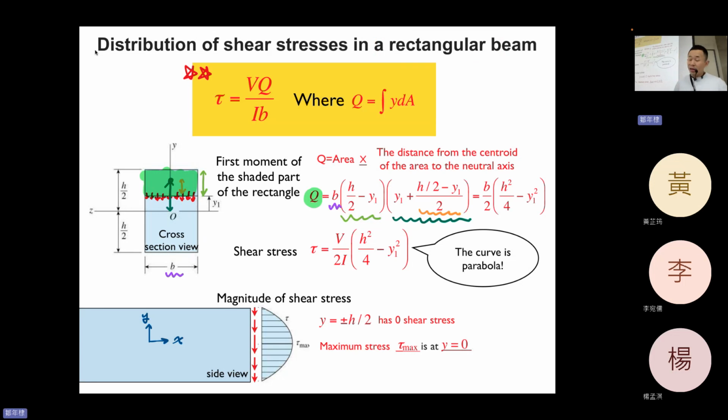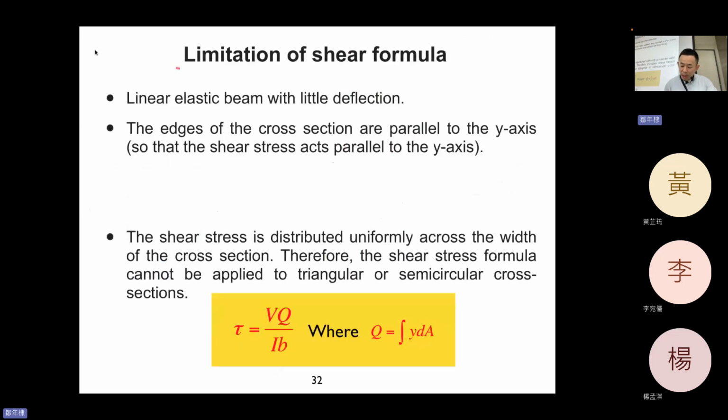So it doesn't fit other shapes of cross section. So the next topic is the limitation of the shear formula. Of course, we assume a linear elastic beam, like everything else.